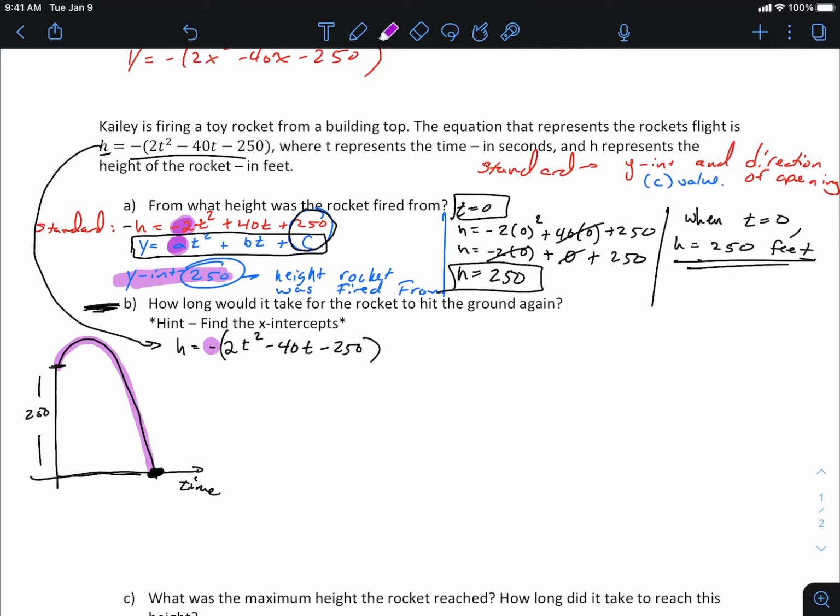Now, you all saw something that looks like this in the last few days. Now, the academics might be quick to jump to, I need two numbers that multiply to negative 500 and add to negative 40.